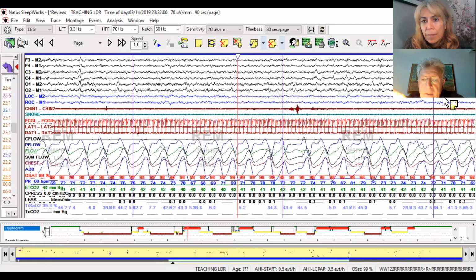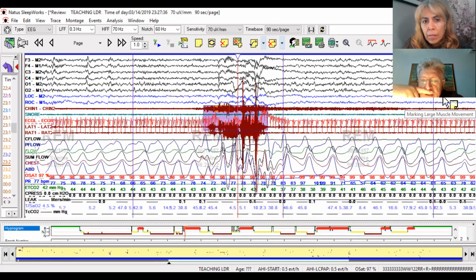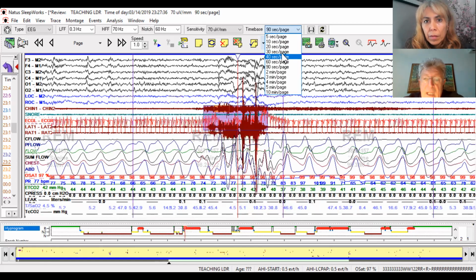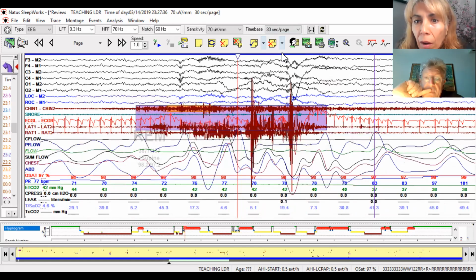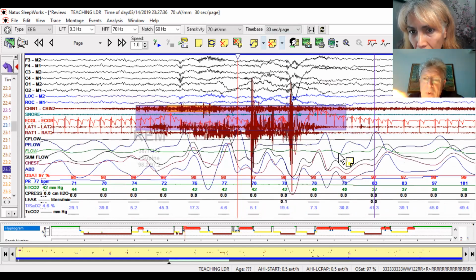Can you go back to that? Sorry. Okay, stop here. You have indicated here, probably correctly, the starting point and the ending point. But if you look at the chin tone, it remains high for a much longer period. And that is REM without atonia. Not really, right? Please put the 60 seconds back.